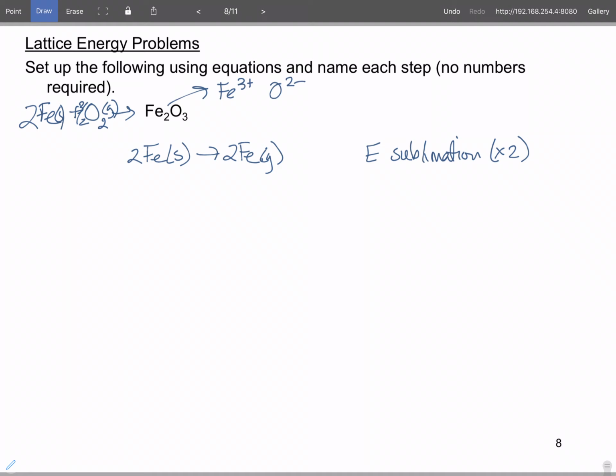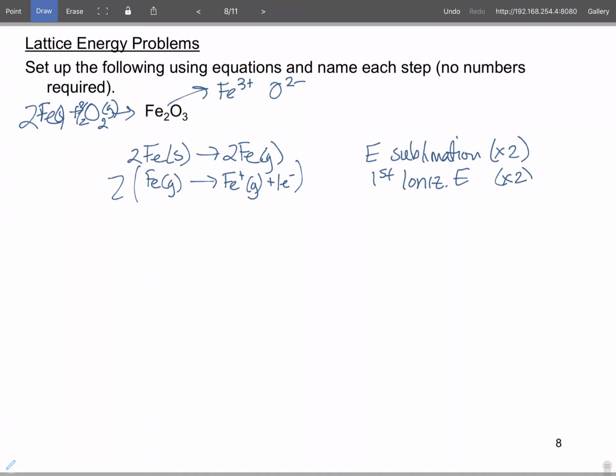So what we're going to do is go from Fe gas to Fe plus gas plus 1 electron. Again, this would all be multiplied by 2. This is the first ionization energy. And again, multiplied by 2 the whole way down.